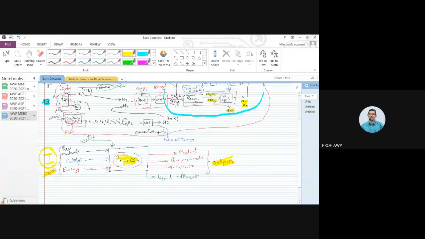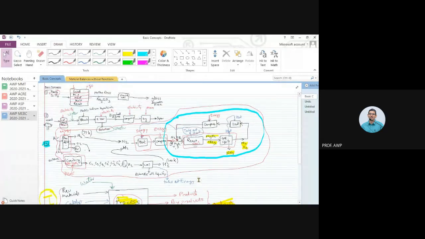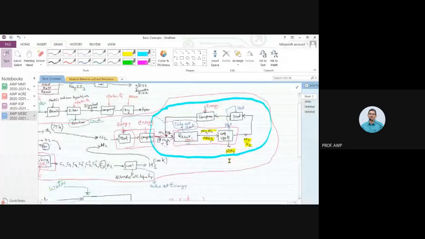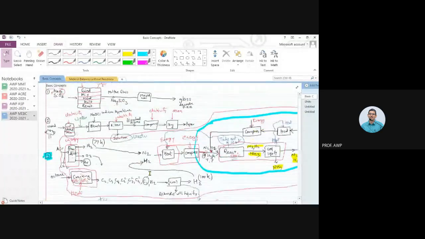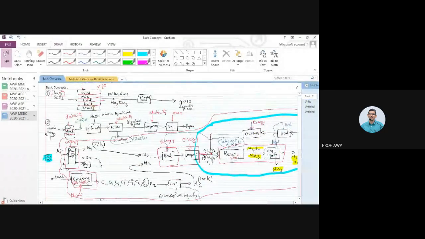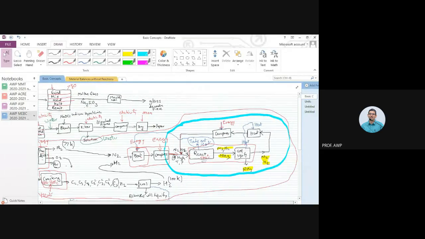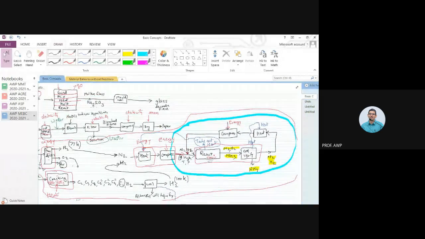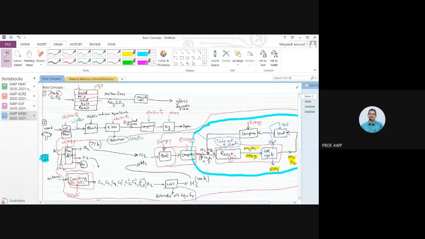Now, the way we have depicted these processes: when you studied about making glass, making paper, making ammonia, didn't you read pages and pages? Ammonia process, where did you study? 12th standard, 11th standard, 10th standard, which standard? 12th standard.